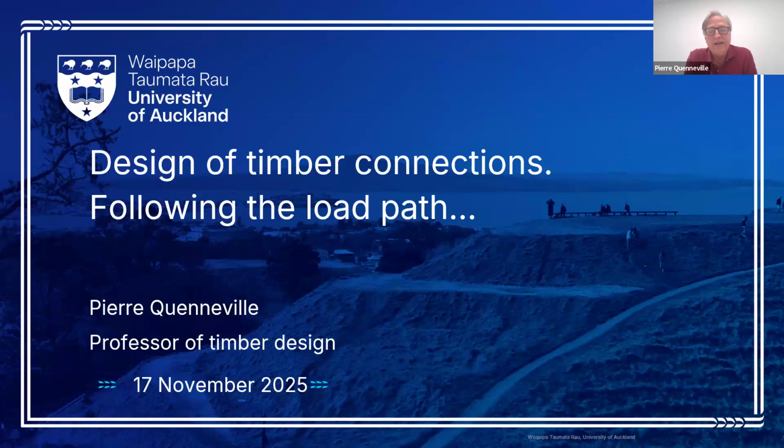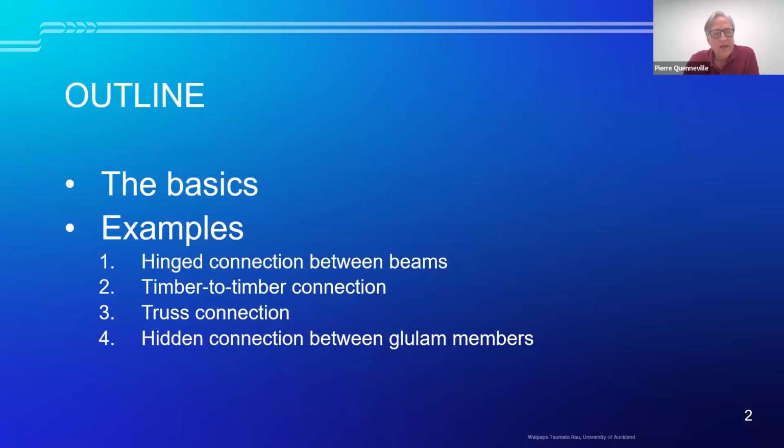When Jenny approached me, I had the idea of explaining more on the load paths that are involved in connection design. Hopefully some of the examples will be basic, but hopefully some of them will be enlightening for you.